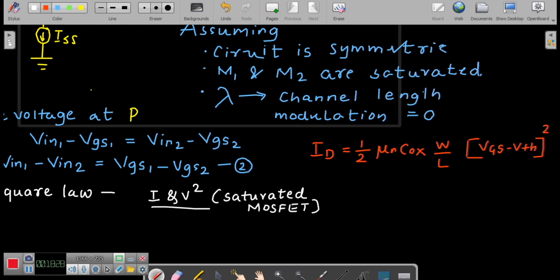Here in this expression, you know what exactly we mean by VGS and VTH, but the other parameters, I suppose you don't know what exactly are mu n, COX, W and L. So this mu n is referred to as the charge carrier effective mobility.